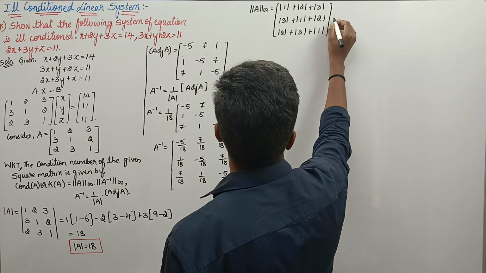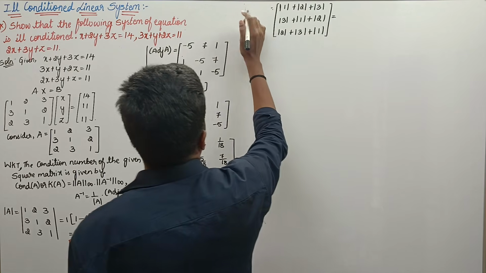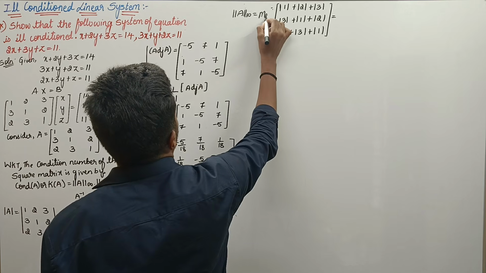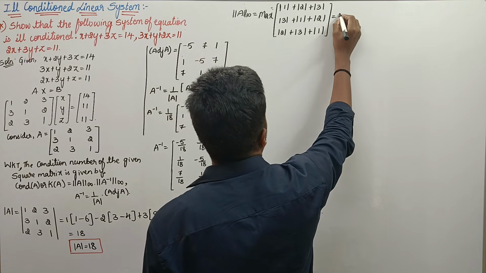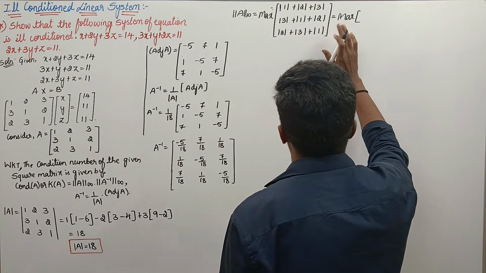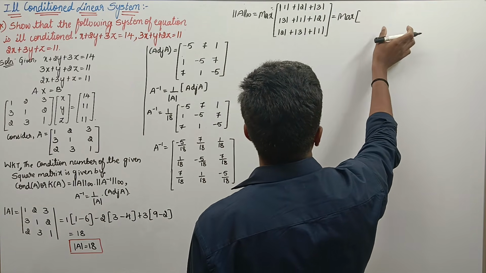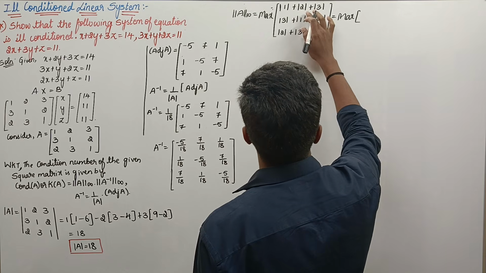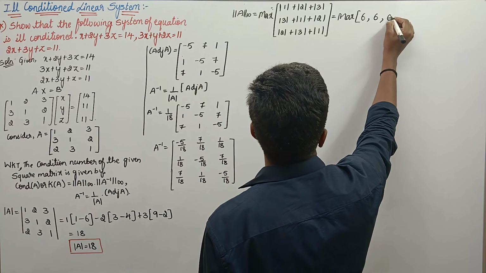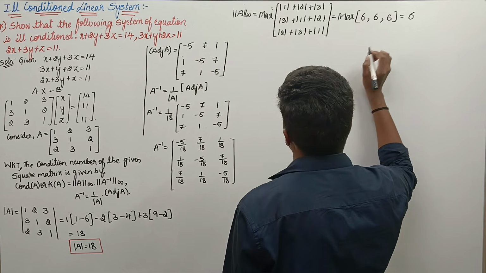Since all the elements are the same, we represent the maximum. Going with respect to the row norm, substitution: 1 plus 2 is 3, 3 plus 3 is 6. So 6, 6, 6. What is the maximum? 6 is the maximum.